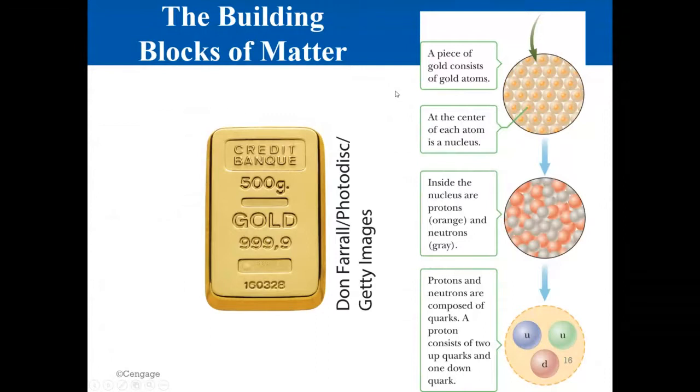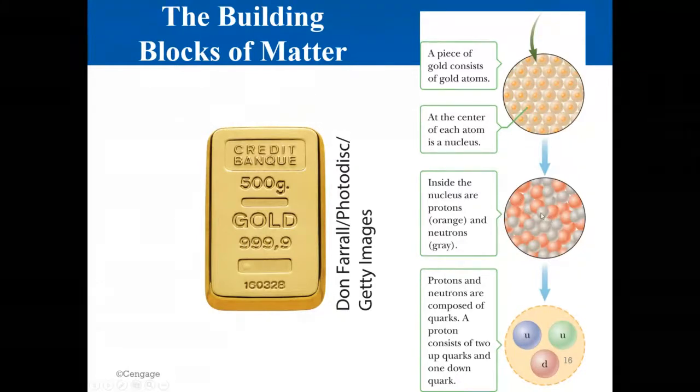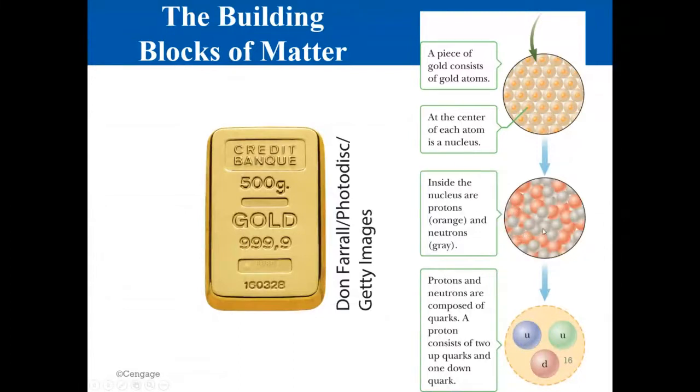Inside the atom, you will see particles, you will see neutrons and protons. Here the protons are the orange ones and the neutrons are the gray ones. And if you use high energy accelerators to break down protons and neutrons, you will find inside them three particles which we call quarks.